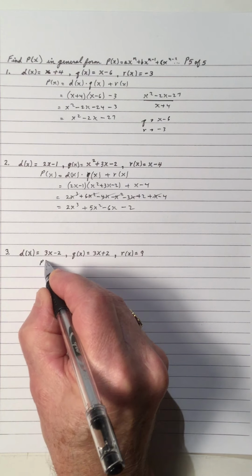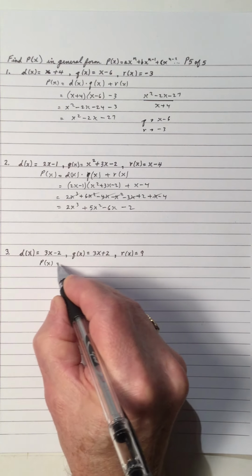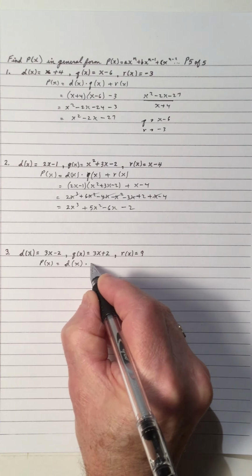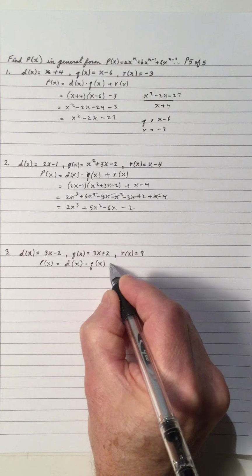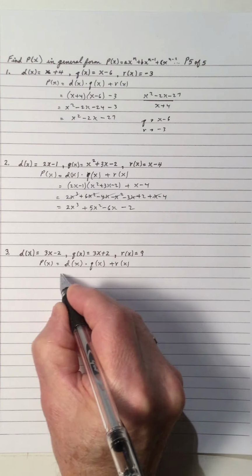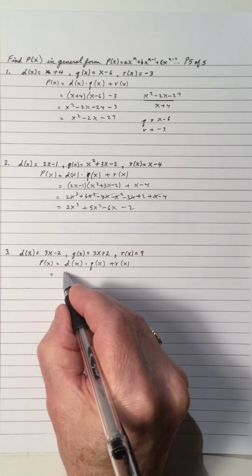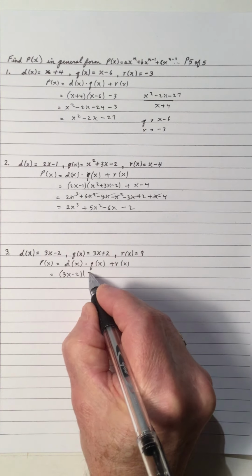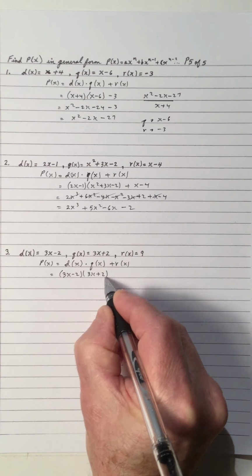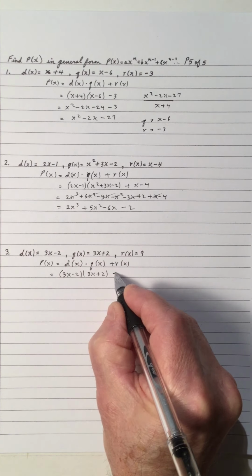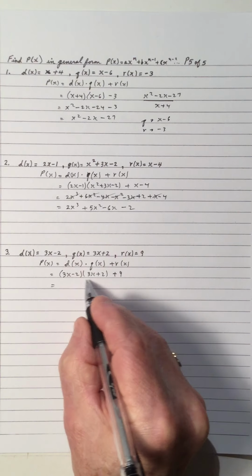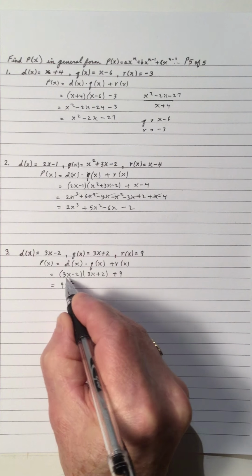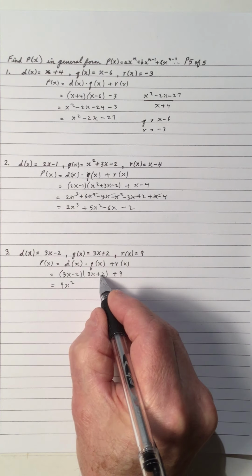And one more. Again, you can pause your video at any time. The polynomial is made up of the divisor times the quotient plus the remainder. And my divisor is 3x minus 2. My quotient is 3x plus 2. And my remainder is 9. Multiply these two fast. Like 3x times 3x is 9x squared. 3x times 2, that's a 6x.